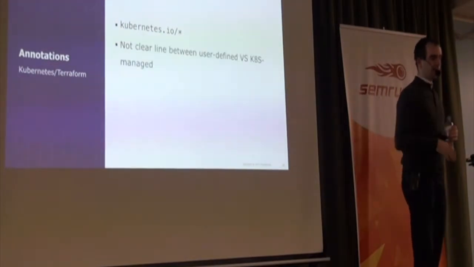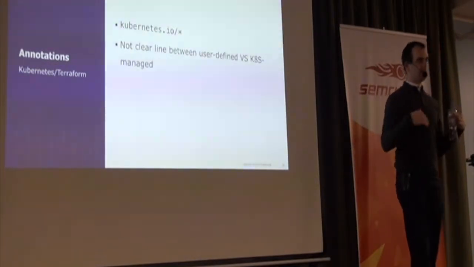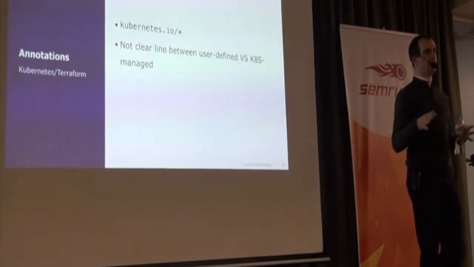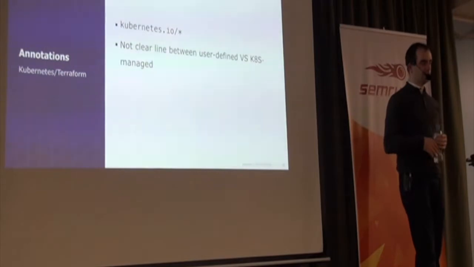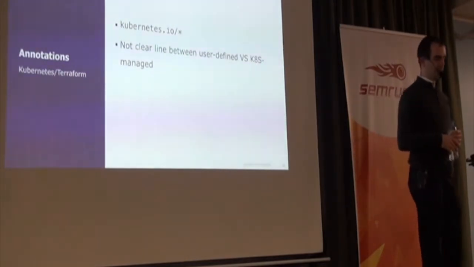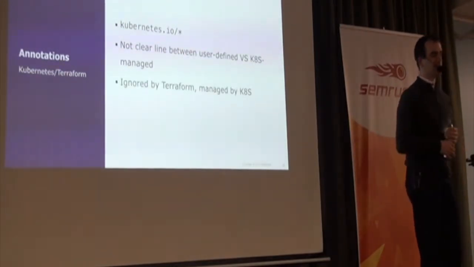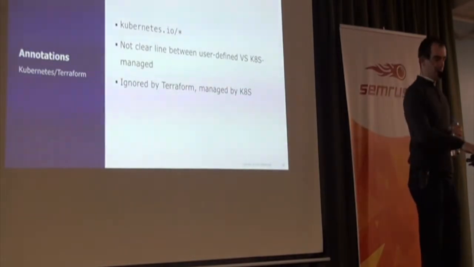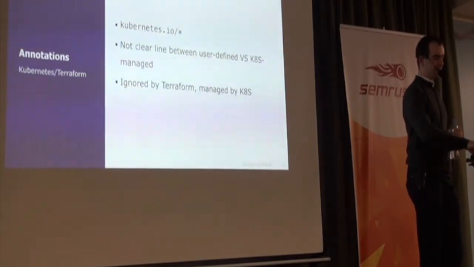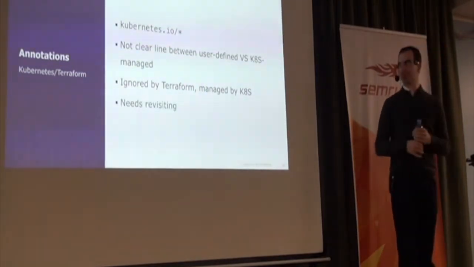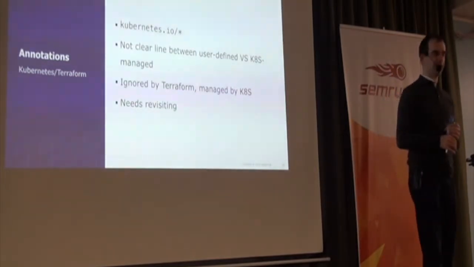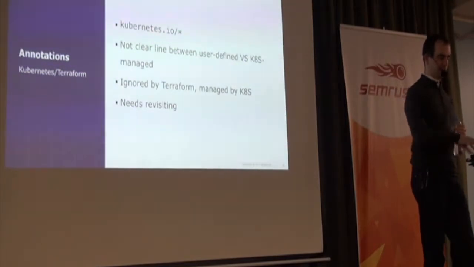And so there is no clear line between what's user-defined and what's Kubernetes managed, which makes it quite hard for Terraform to figure out the difference during the plan stage. Which is why we ignore these annotations in Terraform. However, there is demand for internal annotations, so we're going to need to revisit that decision and figure out how to support that.